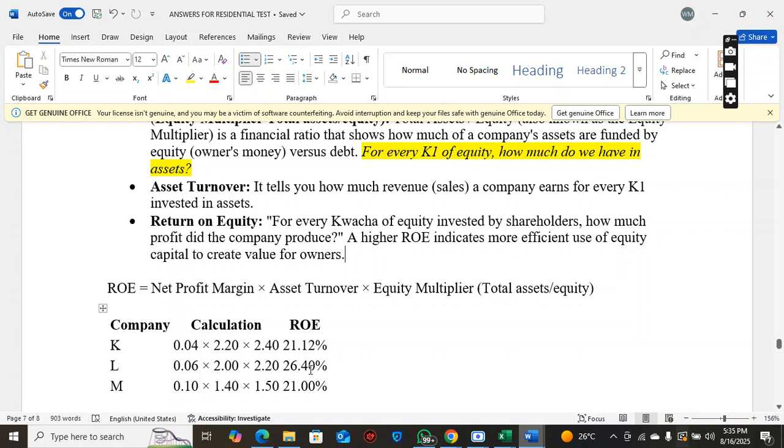For every one quarter that is invested in equity, company L makes 26 ngwe in profit. Since this is 26.4, if you divide it by 100, it's 0.264.